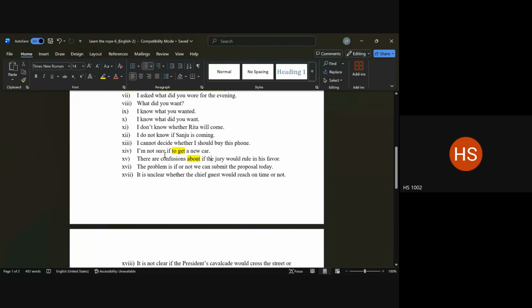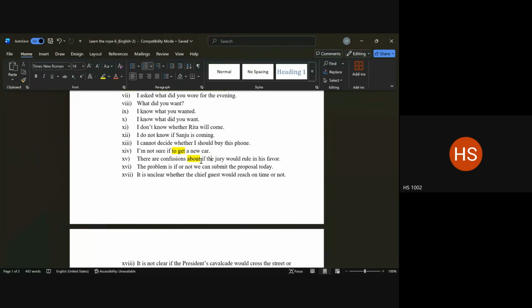Okay, so in sentence number 14, the presence of a to-infinitive verb like to get was the problem after the subordinating conjunction. In that case, you had to use whether. The second case where you have to use whether over if is where a preposition, in this case, sentence number 15, you have about, which is the preposition that precedes your subordinating conjunction, right?